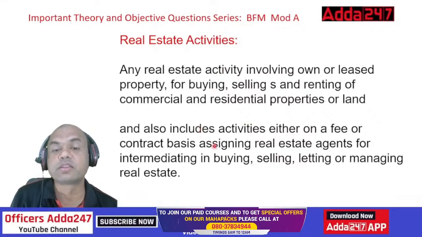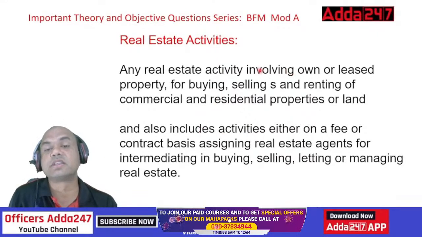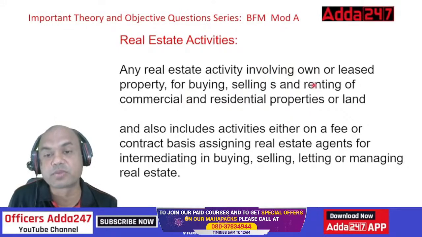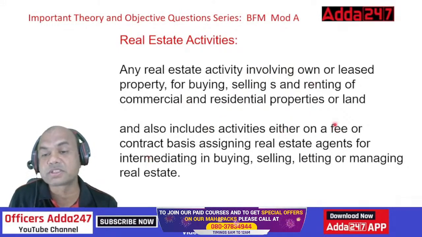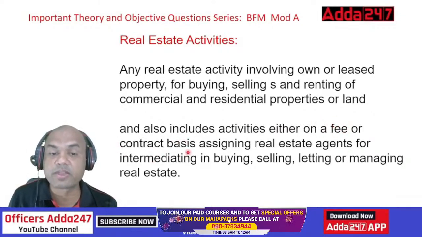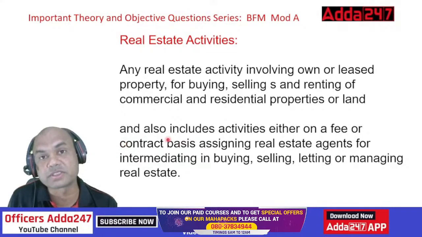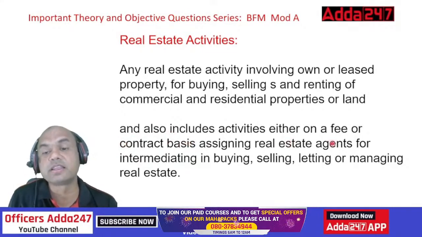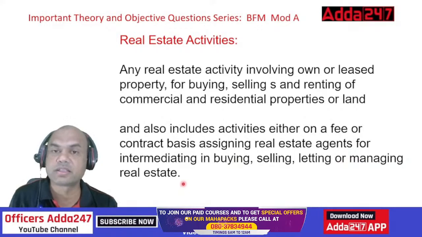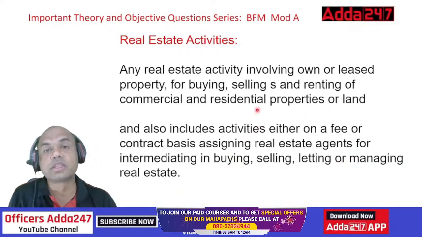So it includes both: either I myself do this, or it includes activities on fee or contract basis. The broker charges a fee, or a contract basis. Even if I don't charge a fee, I have a contract. In that case also, assigning real estate agents for intermediating between buying, selling, letting and managing real estate. So both things are included.